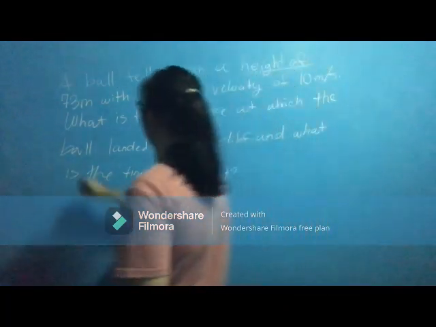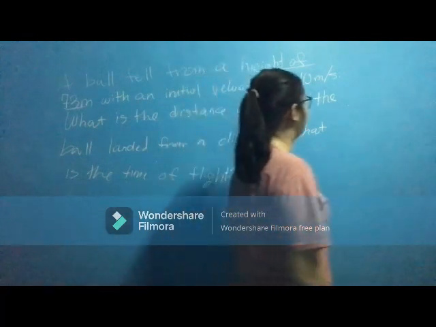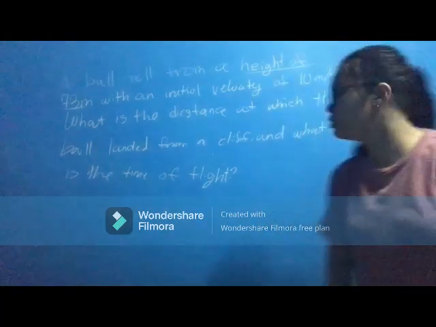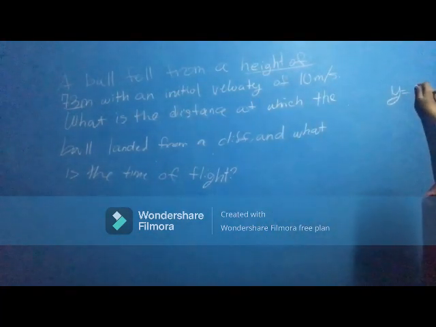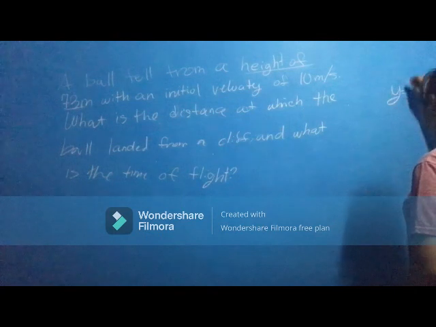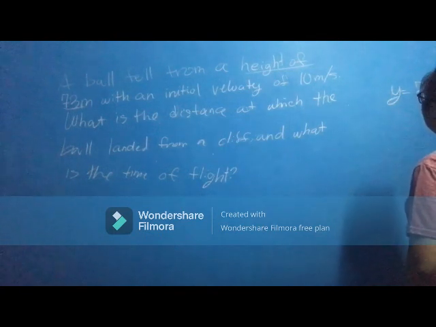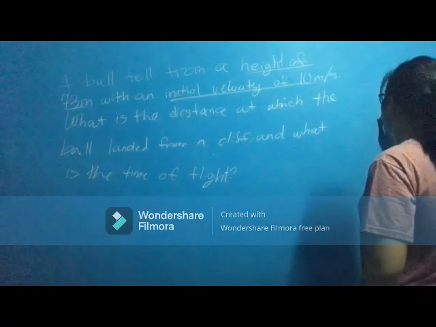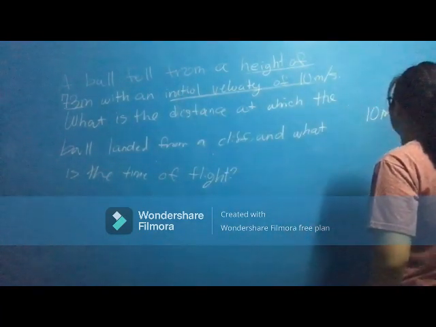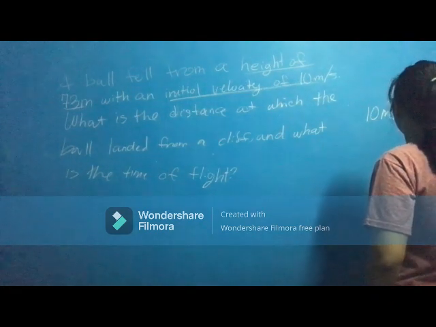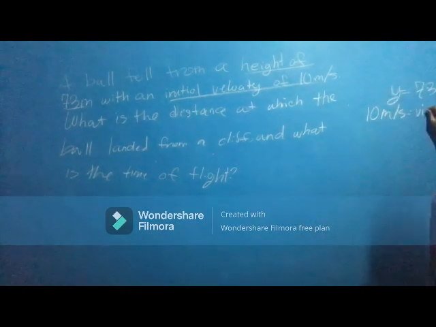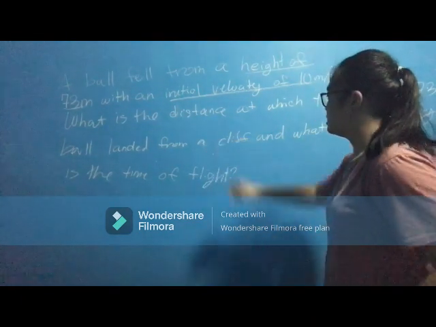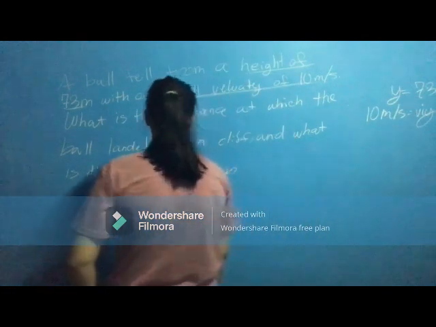The height of 73 meters, which is the y value, because it did say it is the height. So it is 73 meter with an initial velocity of 10 meter per second. So 10 meter per second is our initial velocity. What is the distance at which the ball landed from a cliff?